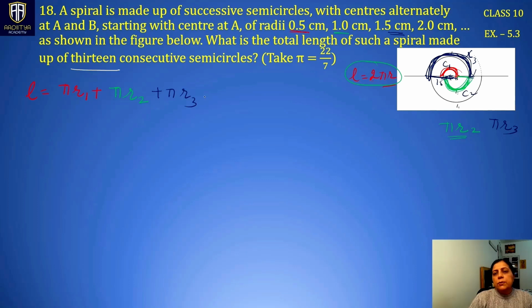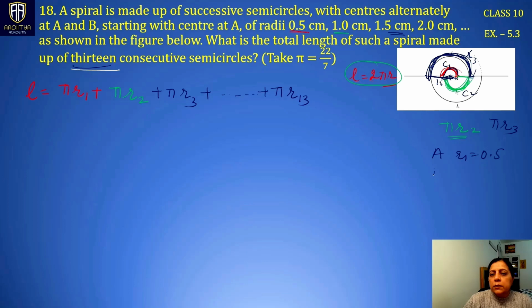The length of the semicircles is given by pi r1 plus pi r2 plus pi r3, and we have drawn 13 semicircles. So this will go up to pi r13. Right? So this is how we are taking the sum of the whole spiral. The first one is the semicircle with center A and R1 is 0.5.